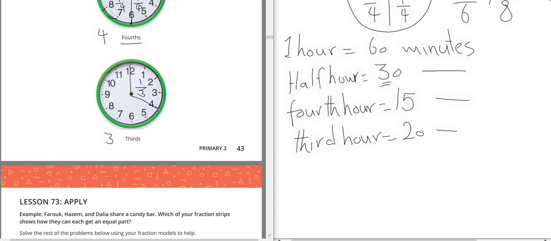From 4 to 5, 5 minutes, 10, 15, 20. It's another third. From 8 to 9, 5 minutes, 10 minutes, 15 minutes, 20 minutes. So from 8 to 12, there is another third.